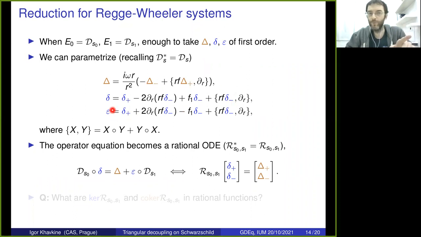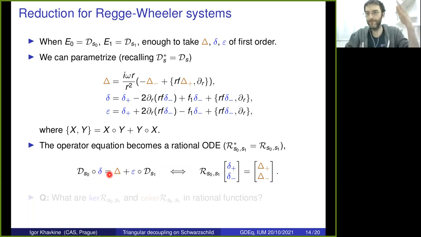And it so happens that once you have parameterized the big and small delta, then the epsilon is automatically fixed by the structure of the operator equation that we're trying to solve. Right. So if I use this parameterization, I just do the compositions and figure out what they are, and then I set both sides equal order by order, right?